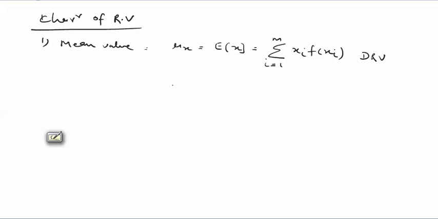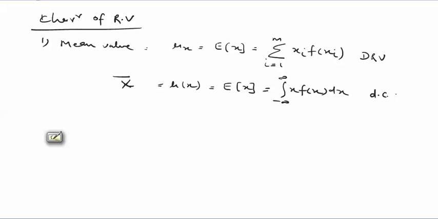If it is continuous, mu comes from expectation. Mu is also known as expectation. It comes from x fx dx. It is the DC component. From the communication point of view, this term is very useful.